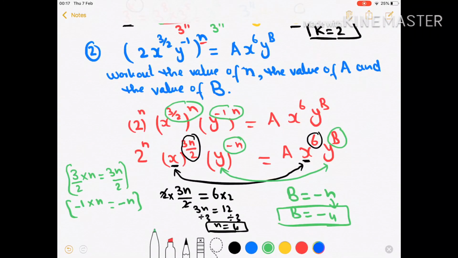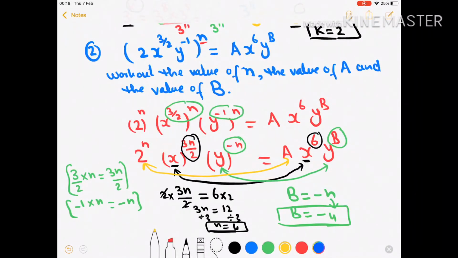Now we want to find a. So a is a constant. We have to see what is the constant on the left hand side. The constant on the left hand side is 2 to the power n.